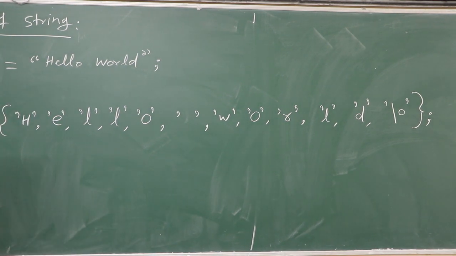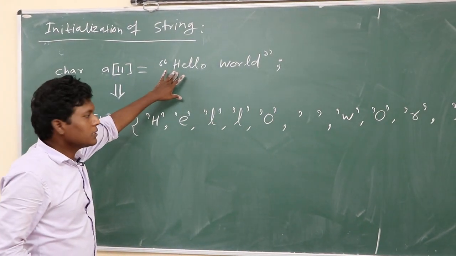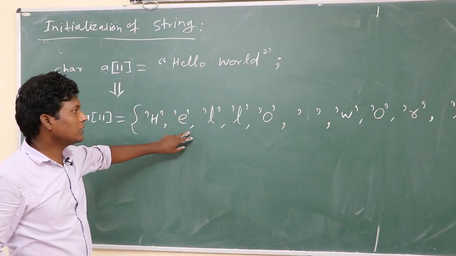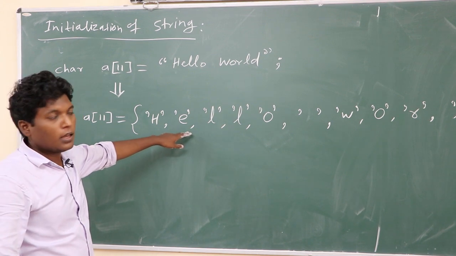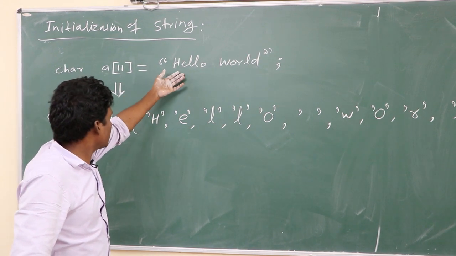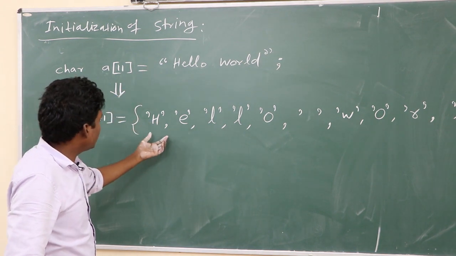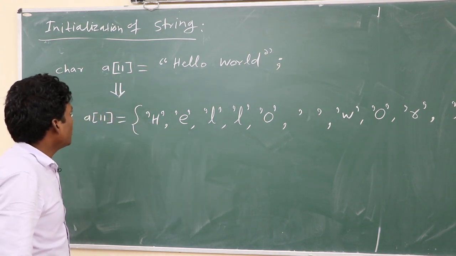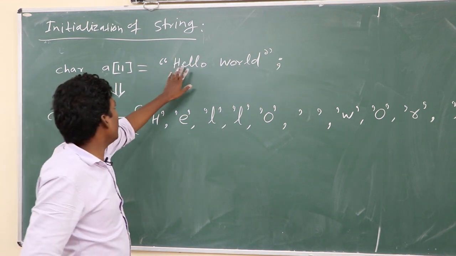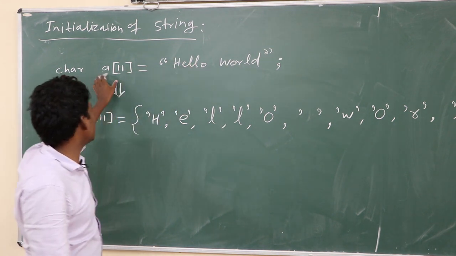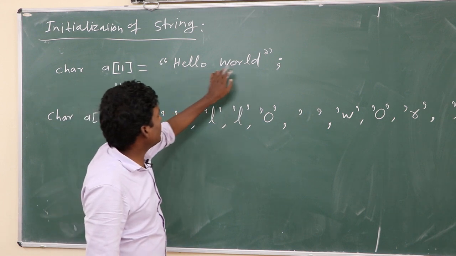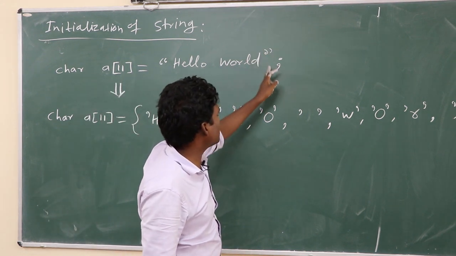Class, this initialization is the same as this initialization. You may choose anything. Either you can take this method to initialize a string, or you can take the other method. When you write "hello world" in this way, there is no need to write the \0.